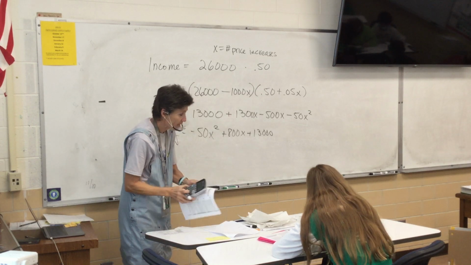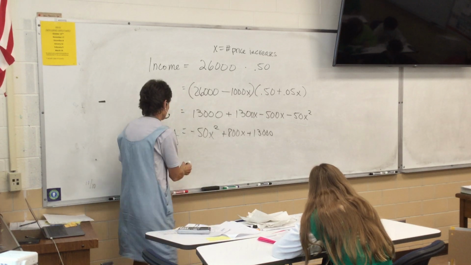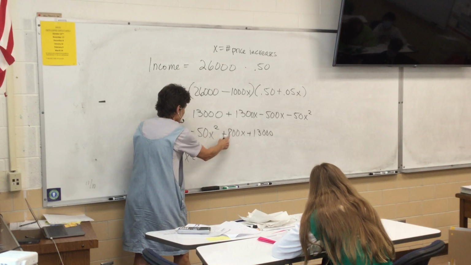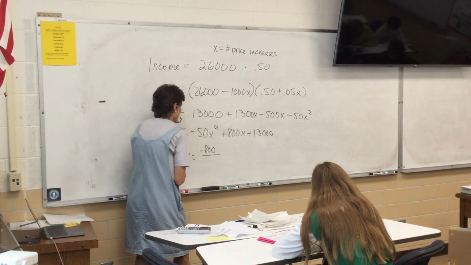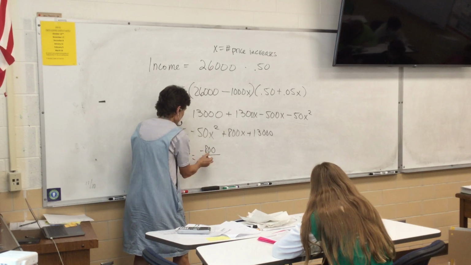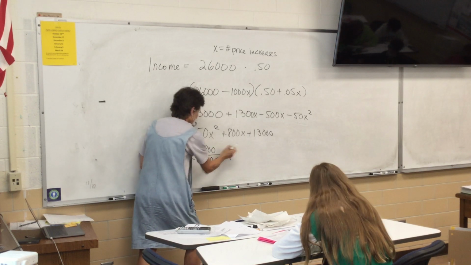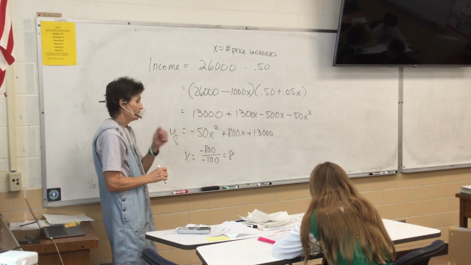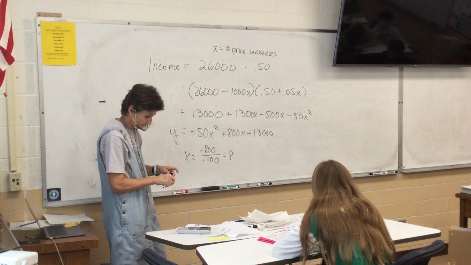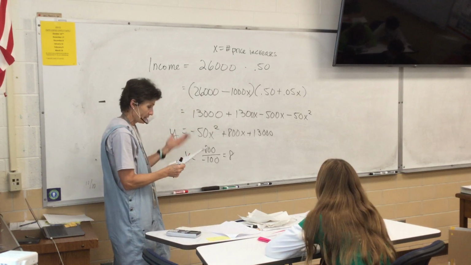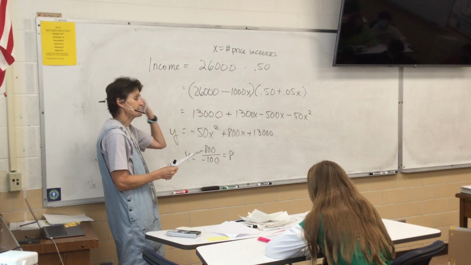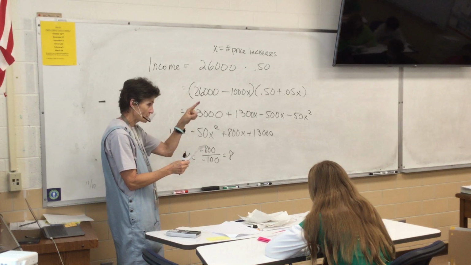And I want to know the vertex. So negative b over 2a. I got x is 8. What's that mean? $8, 8 cans, 8 what? 8 changes.